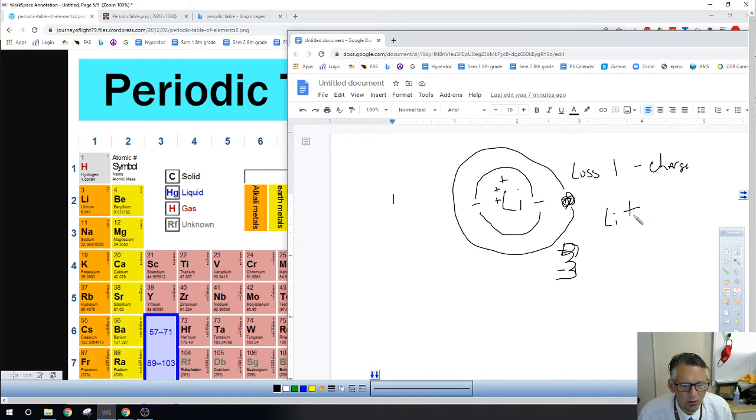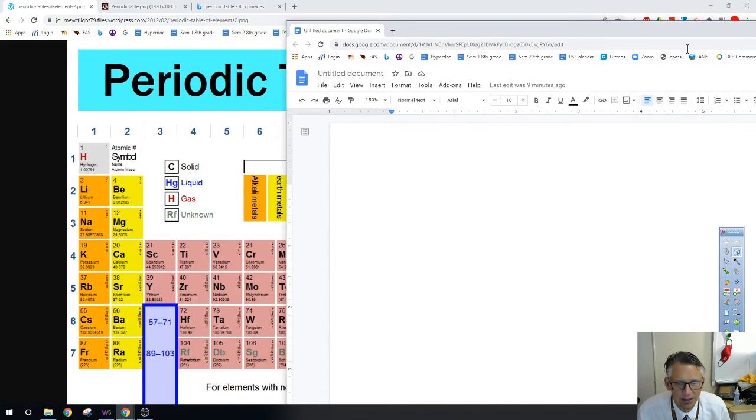So lithium will have a positive charge. It will become a positive ion. In chemistry, you'll see that they'll just do Li plus, but I like to do Li plus 1 or Li 1 plus. By adding that 1 in there, it just lets you know that you've finished the problem.